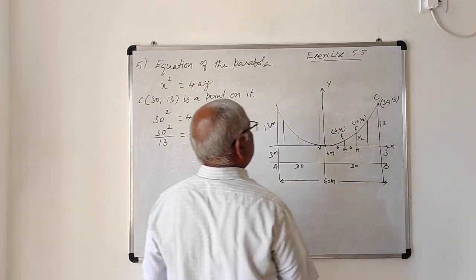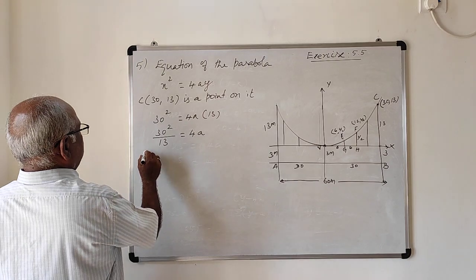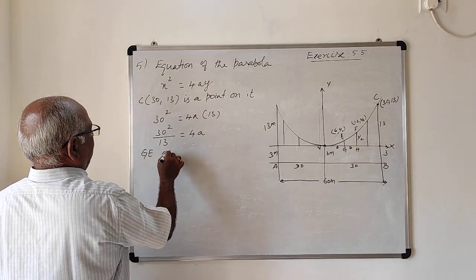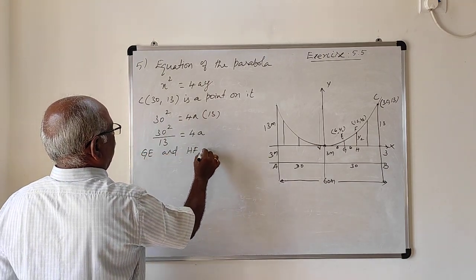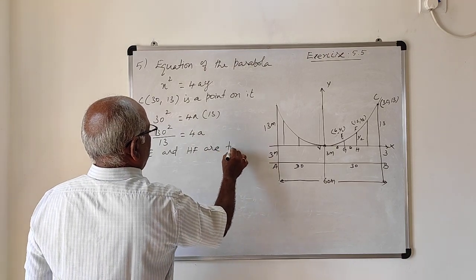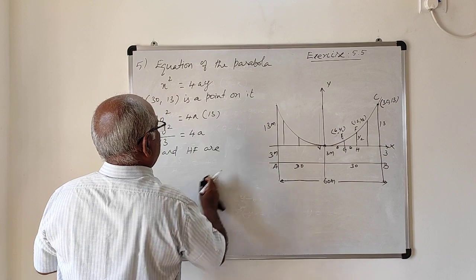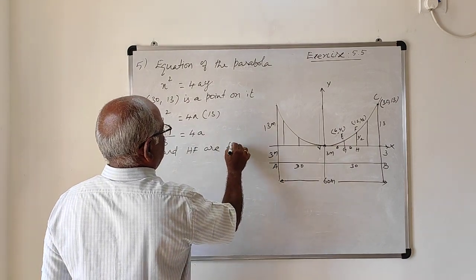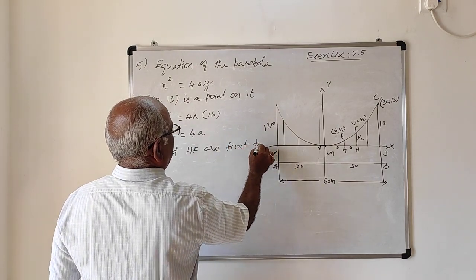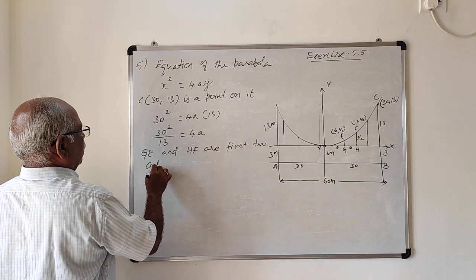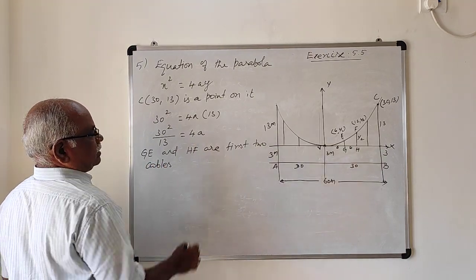These are the two points. GE and HF are the first two cables from the vertex.